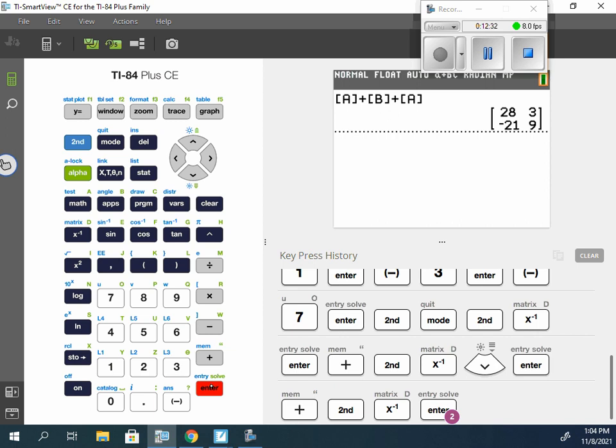And that's the answer. Down here is the key press history. But that would be the matrix if we added these together.